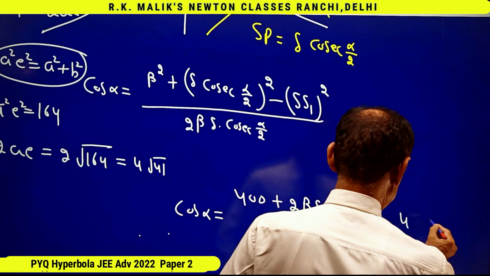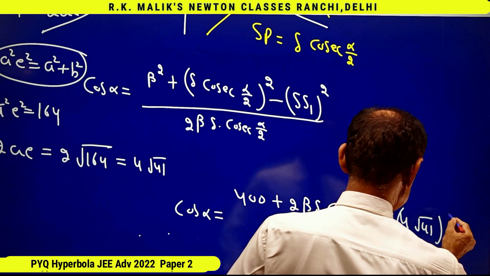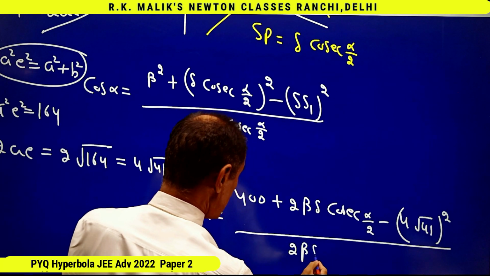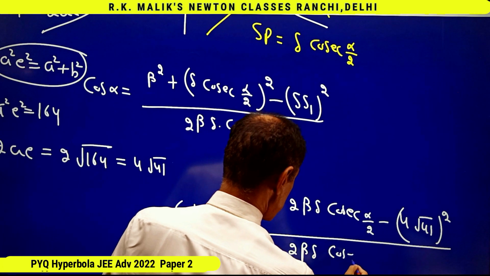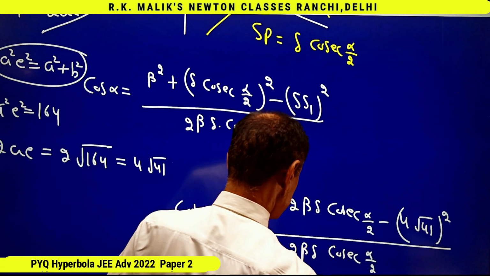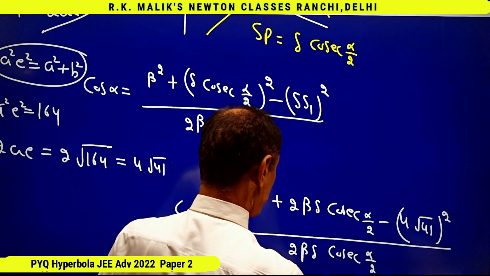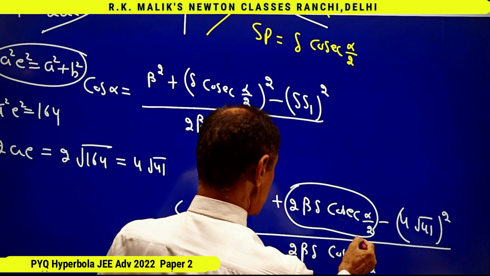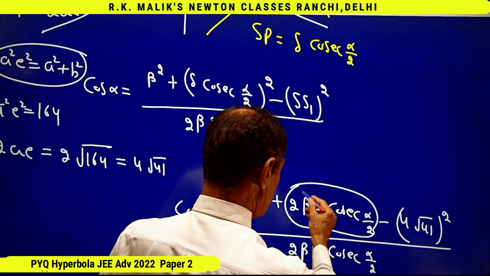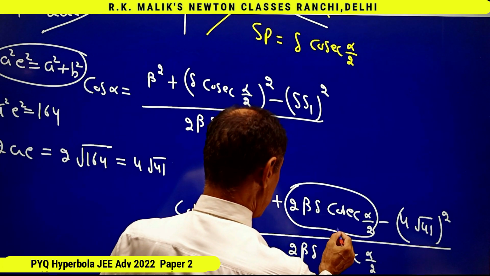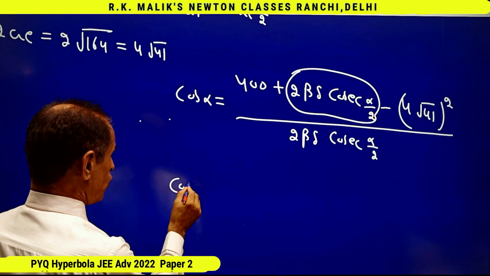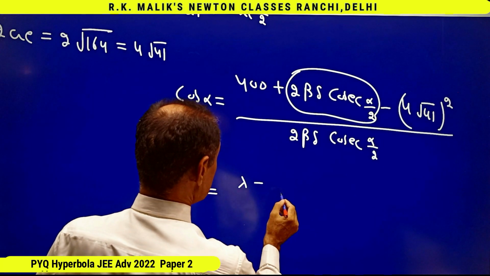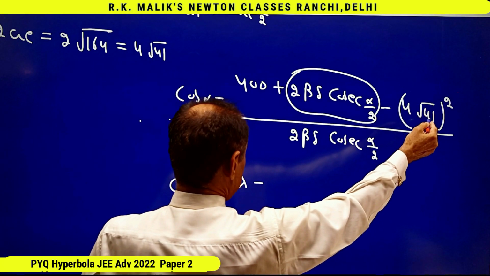I get 4 under root 41 square upon 2 beta delta cosec alpha by 2. And in the next step, for simplicity, I will be writing lambda instead of this, because it is a bit lengthy to write this again and again. And I will be getting the result cos alpha is equal to lambda minus the value of this is 656.